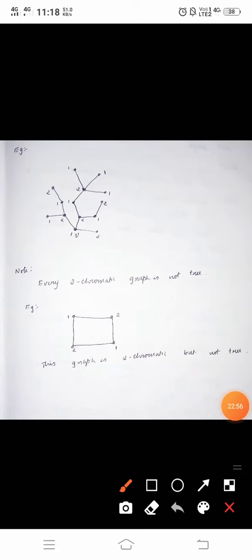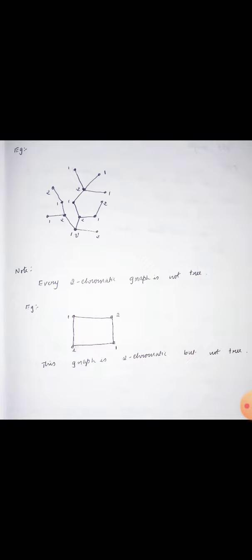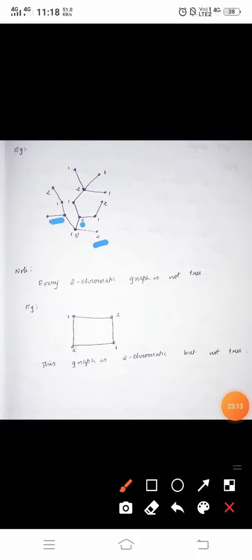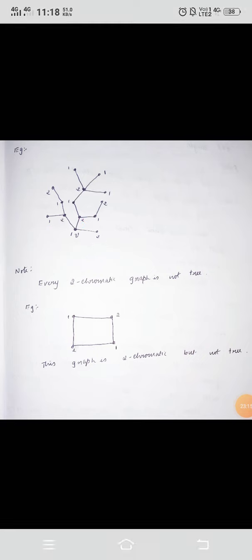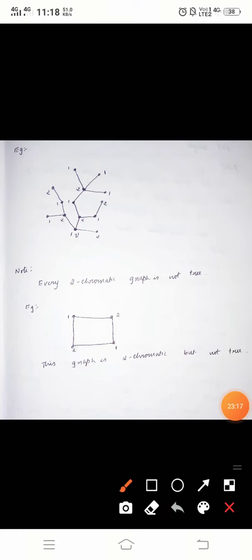See here. We have to color the vertices which are adjacent to these vertices I have colored by 2, right? And those vertices we have to color with 1. Which are adjacent to this vertex?